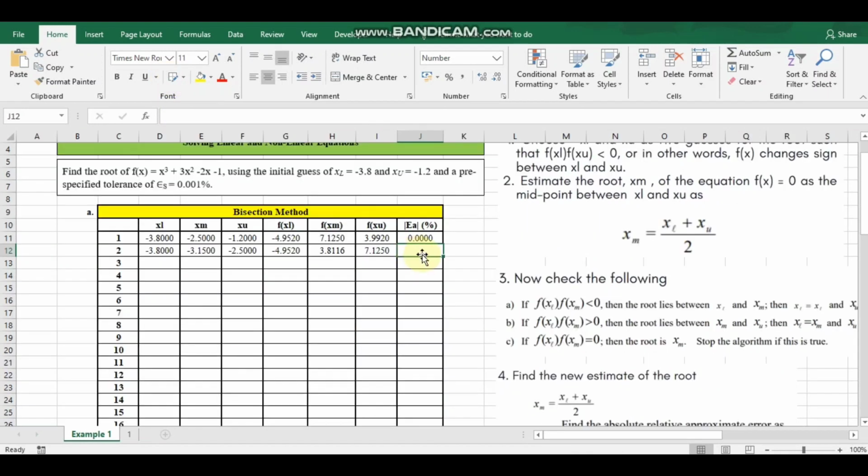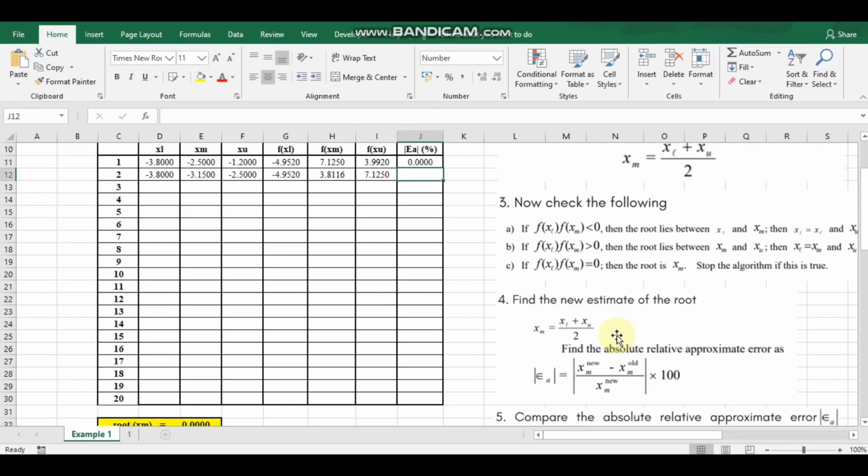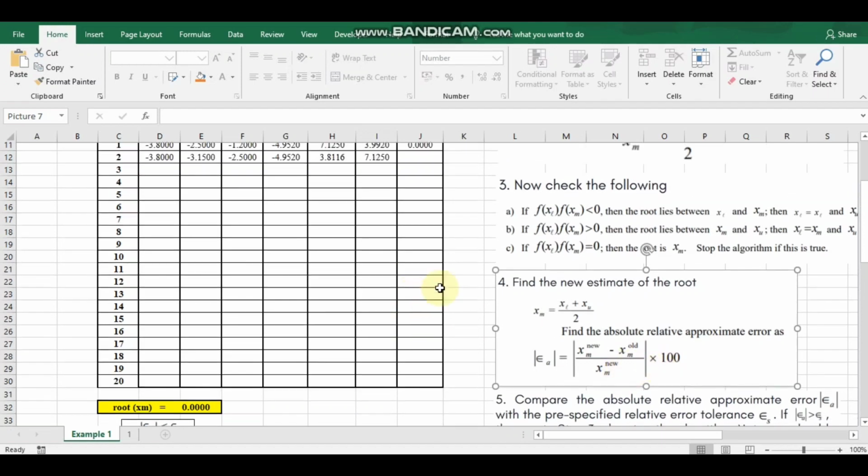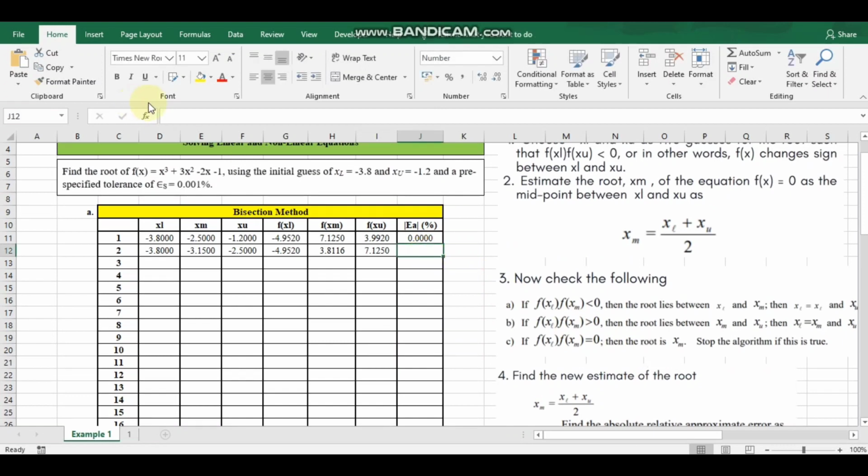We will now have a value for the absolute relative approximate error on the second iteration by using the equation of step 4, which is the absolute of the difference of the estimated root from the present iteration and the estimated root from the previous iteration, divided by the estimated root from the present iteration, and multiplied by 100. Let's type the function.